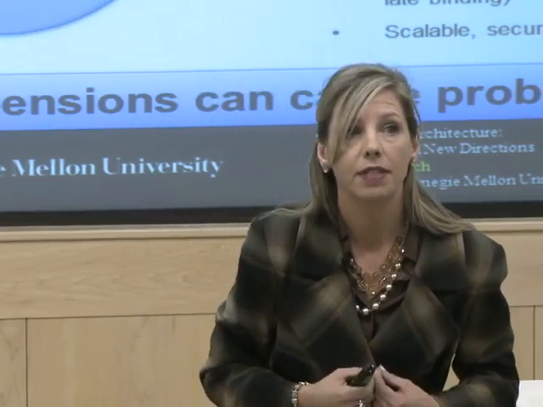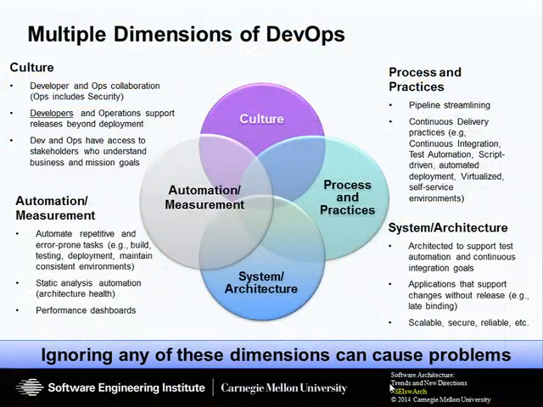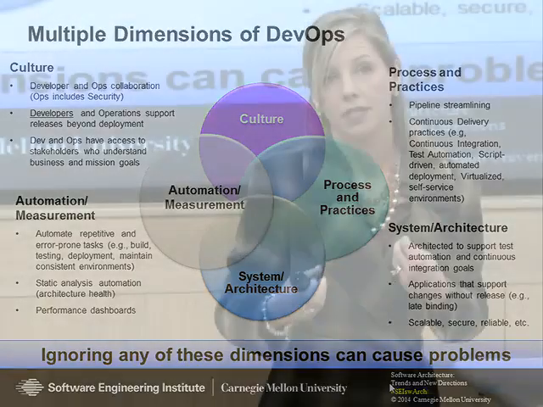Another big focus area is automation and measurement, focusing on automating repetitive tasks and error-prone tasks, such as automating builds, automating tests, maintaining consistent environments through automated mechanisms, and things like static analysis and automation, as well as performance dashboards. So measurement, big focus area.